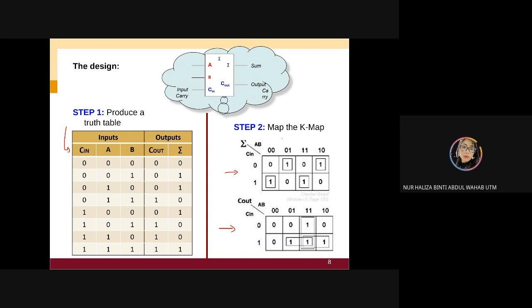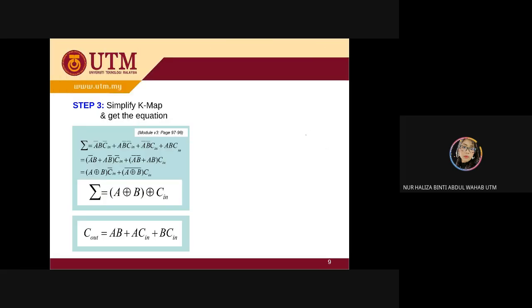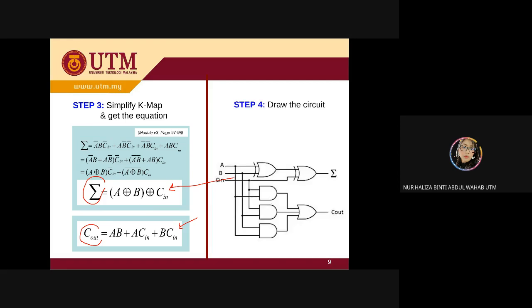From this K-map, of course, you can get your Boolean expression. So this is the expression for your sum, and this is for your carry out. From here, you can know what is the logic circuit that you are having. So this is full adder.